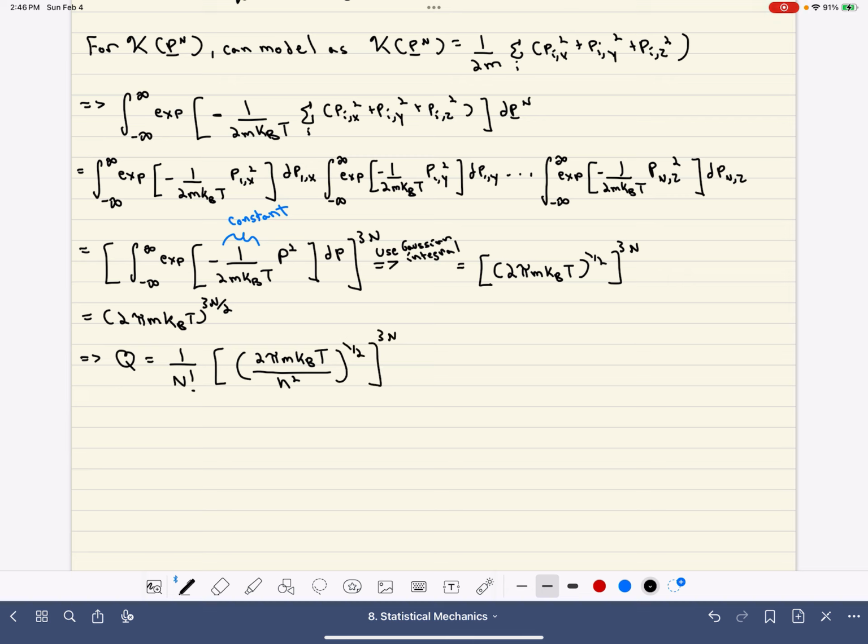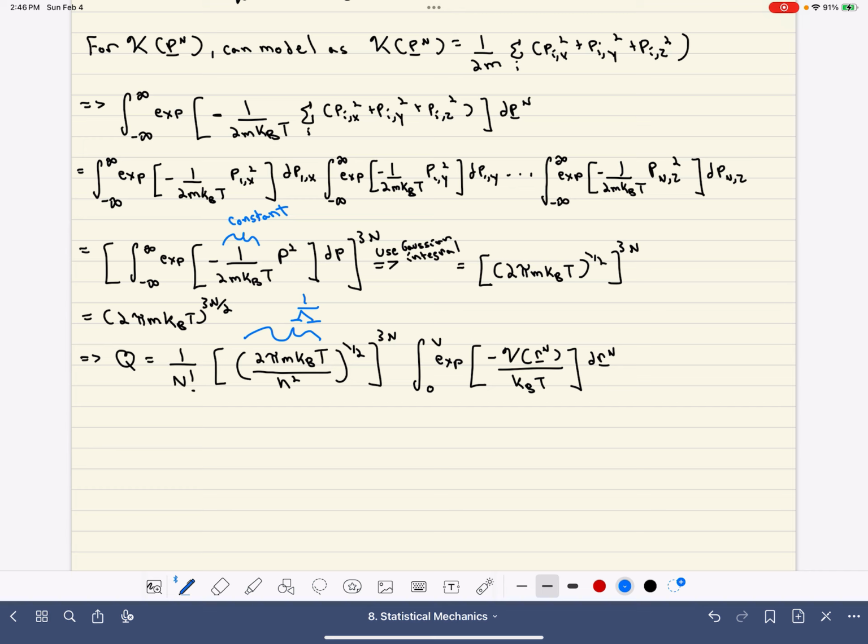And then we have the integral over V of exponential of negative potential V(r^N) over kBT, dr^N. This you may recognize as the inverse of the thermal wavelength, that capital lambda.